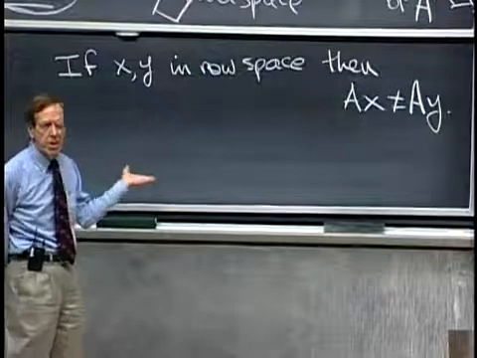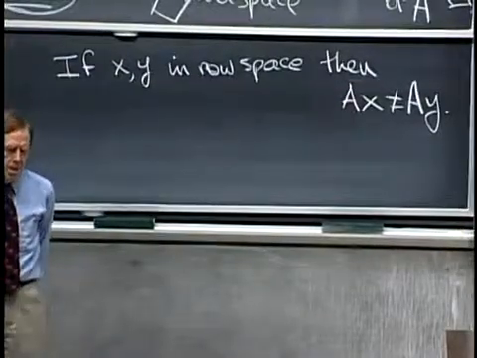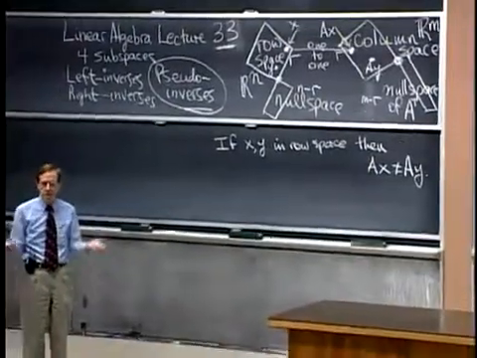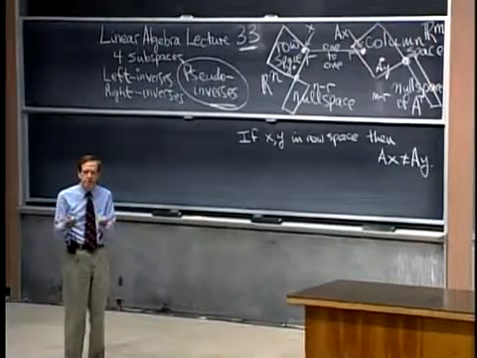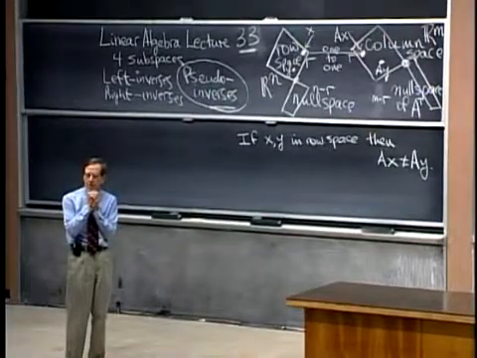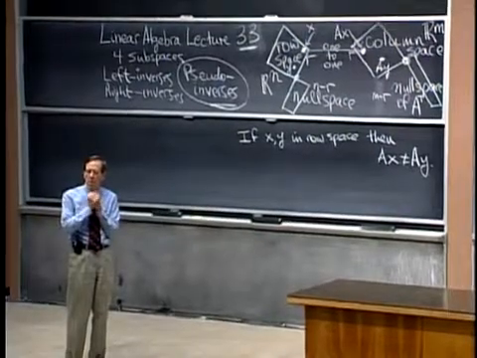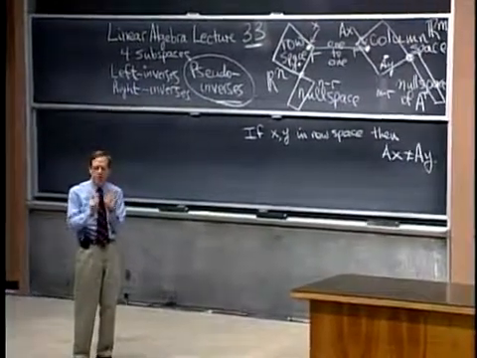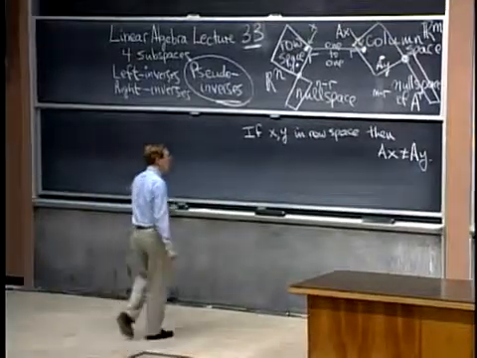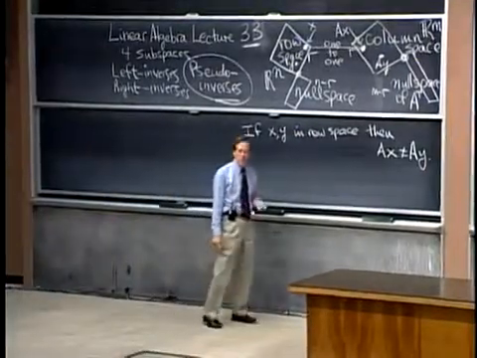That would be a perfect question on a final exam, because that's what I'm teaching you in that material of Chapter 3 and Chapter 4, especially Chapter 3. If x and y are in the row space, then Ax is different from Ay.